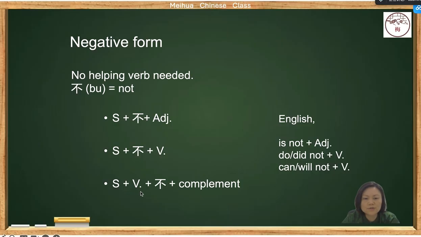Subject, verb, and 不 and complement. So in most cases, usually it comes between the subject and the predicate, either an adjective or a verb.